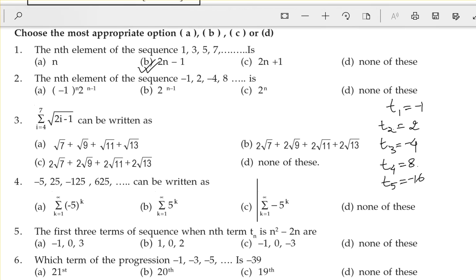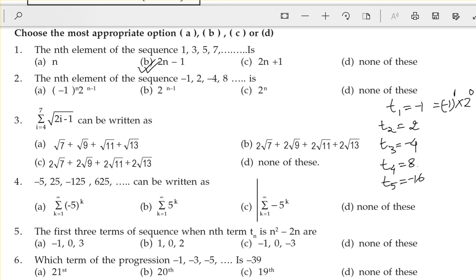So it is alternate minus. Whenever there is alternate minus, then it is minus 1 raised to the power something. It may be n or n minus 1. Let us put minus 1 raised to the power 1, it will give minus 1, into 2 raised to the power 0. Can we write this? Yes, because 2 to the power 0 is 1. 1 times minus 1 is minus 1.